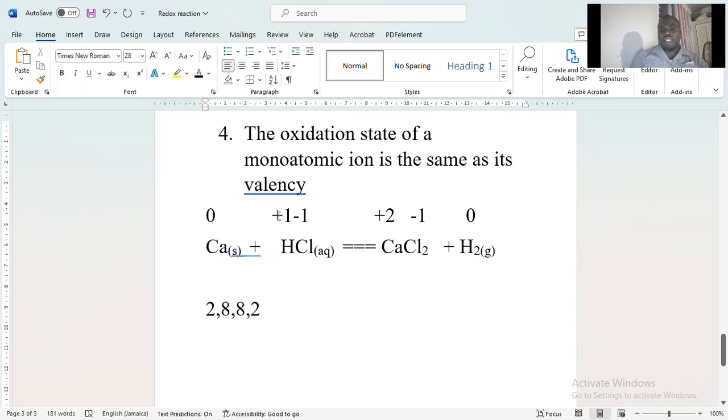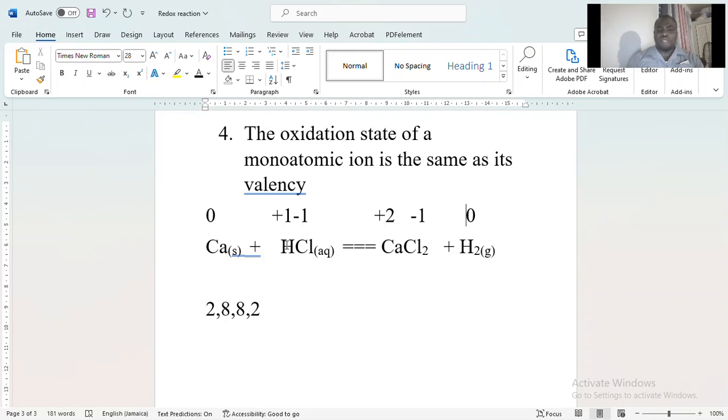Why did this have a +1? For the hydrogen to have a +1, it would have meant that this hydrogen had lost that 1 electron on its outer shell. If it is going back to the atom, then it is getting back that 1 electron.